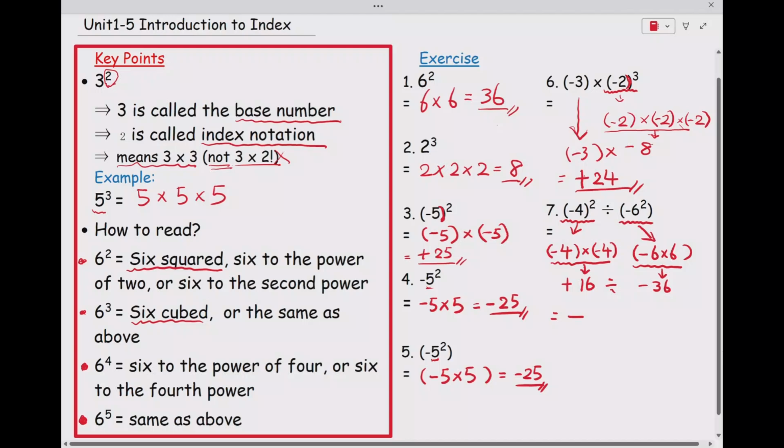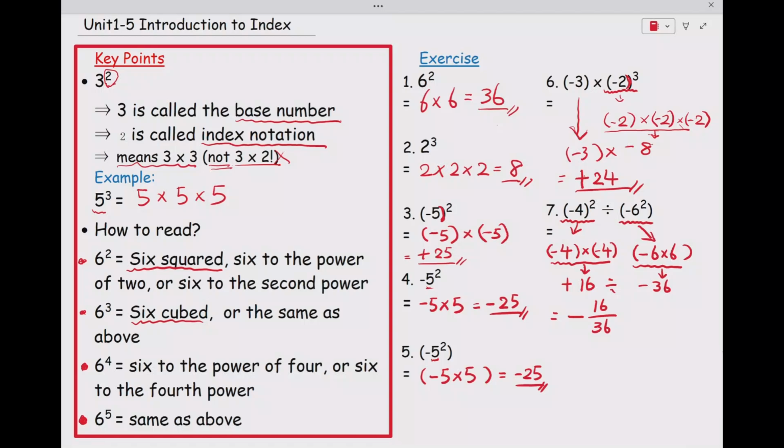Next, looking at the numbers. Since it is 16 divided by 36, they are not fully divisible. Therefore, you should use fractions to answer this question. 16 divided by 36 means 16 is the numerator and 36 is the denominator, which is 16 over 36.